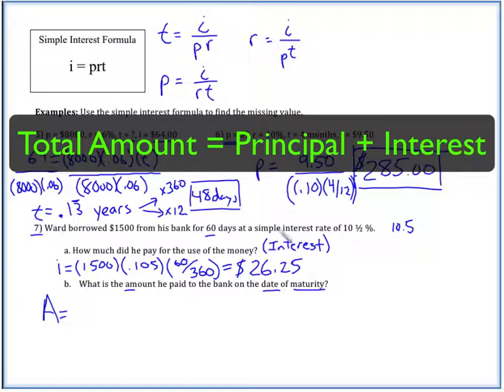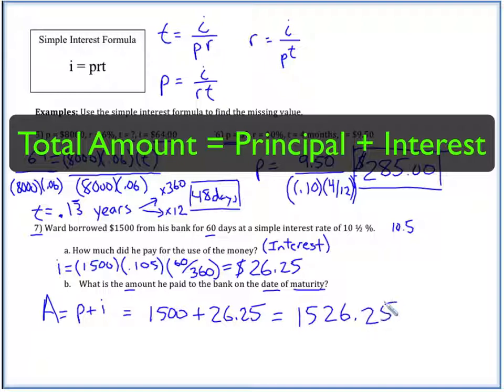So in this simple interest, we have to pay principal and interest on the maturity date. So in this case, the amount of the principal was $1,500 plus the $26.25 of interest. So the total amount he had to repay was $1,526.25.